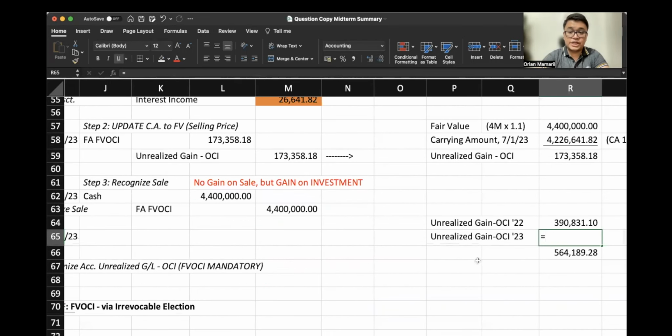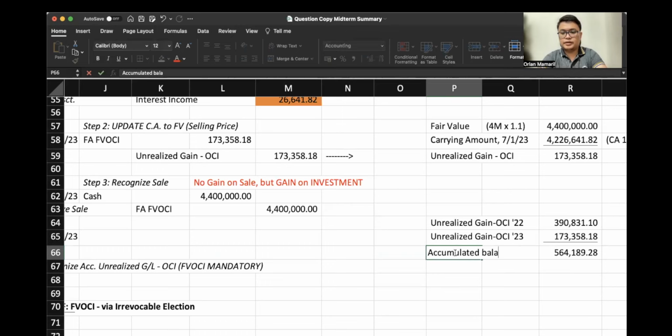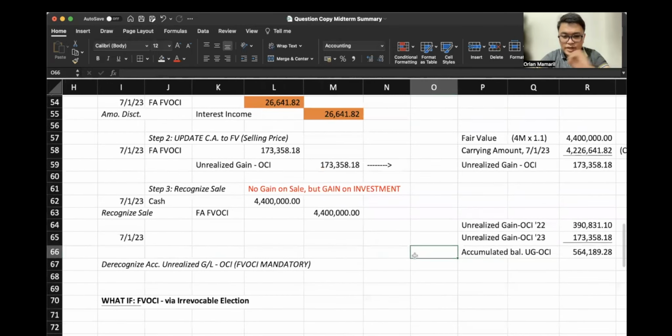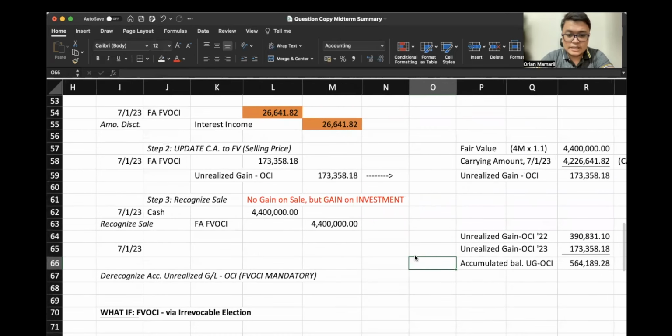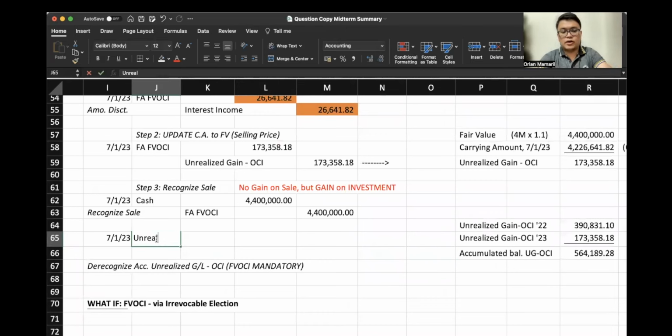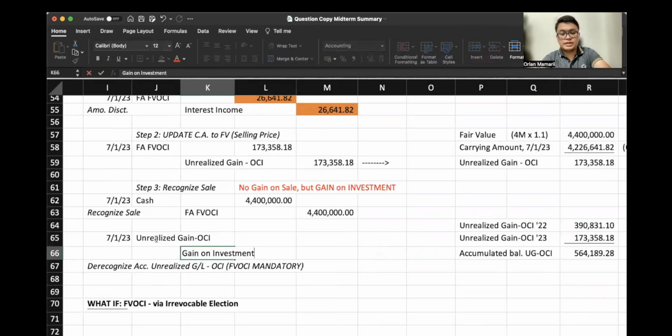And in 2023, we just recognized it from the previous entry, 173,358.18. So we have an accumulated balance of unrealized gain, OCI, of 564,189.28. Since we have met the classification of FVOCI, this is a mandatory FVOCI. Therefore, the entire balance of unrealized gain, OCI would be reclassified to gain on investment. This would increase our profit or loss.